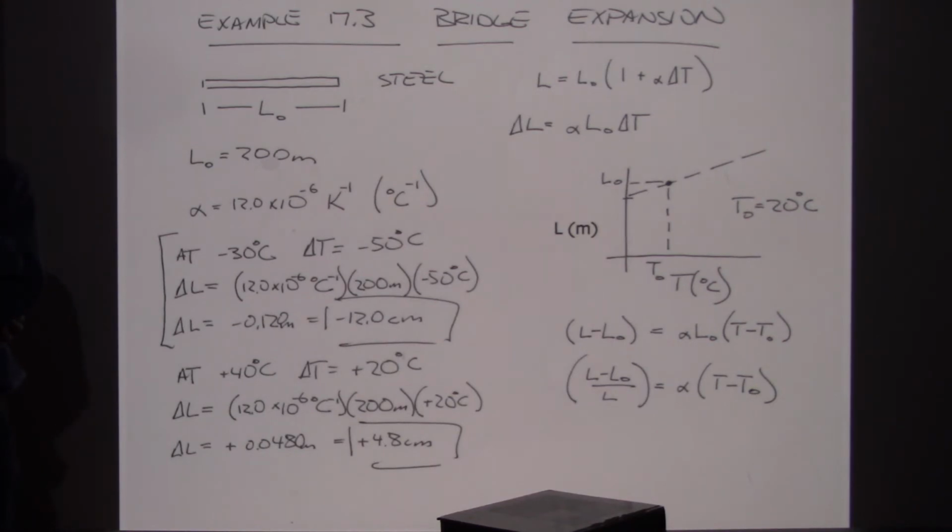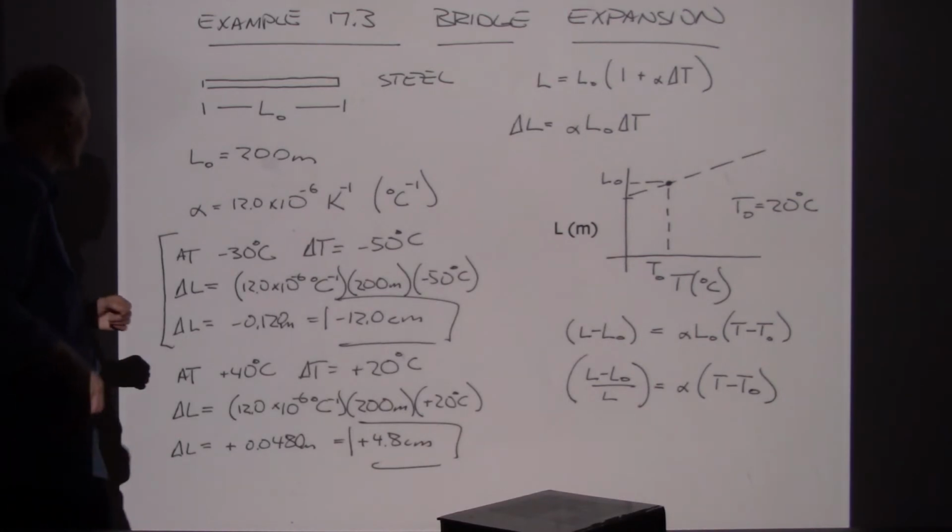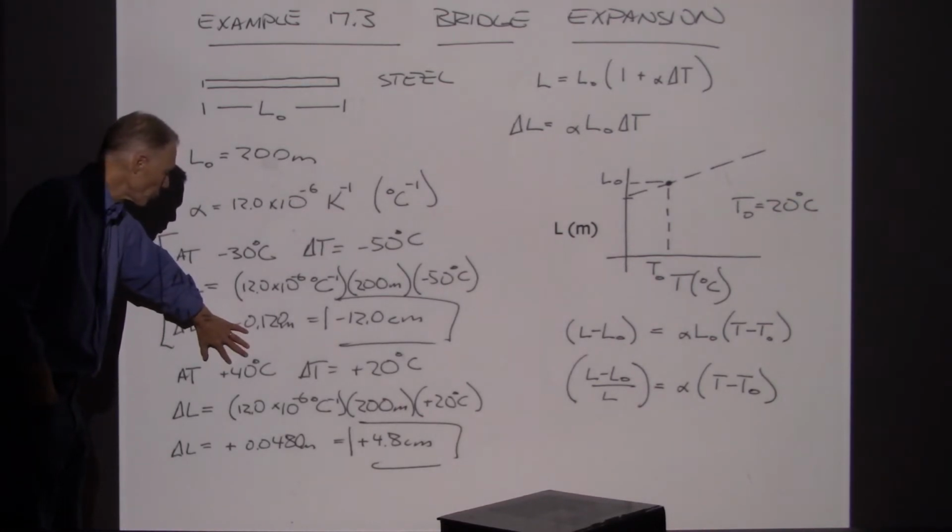So at first you might think, well, that's not a big deal. But if you're building a bridge or you're building a building and suddenly you've got an extra 12 centimeters in the structure, that can begin to cause problems. That can cause fractures within the material over time, the contraction and expansion. Similarly, I went up to the 40 Celsius.